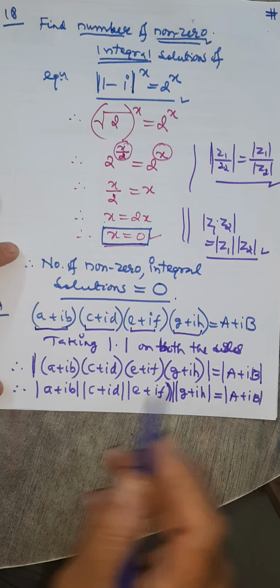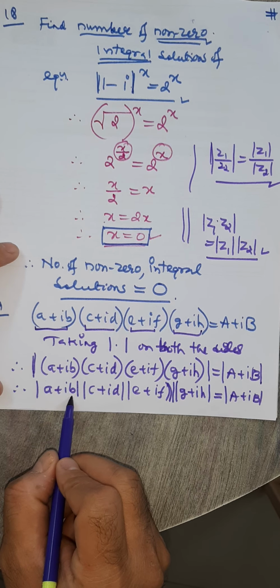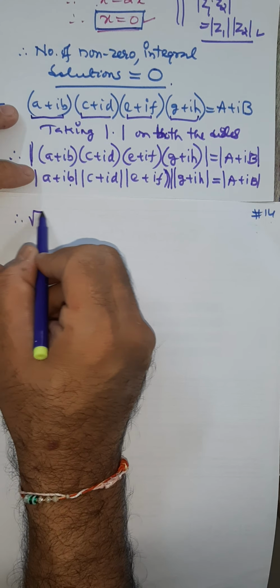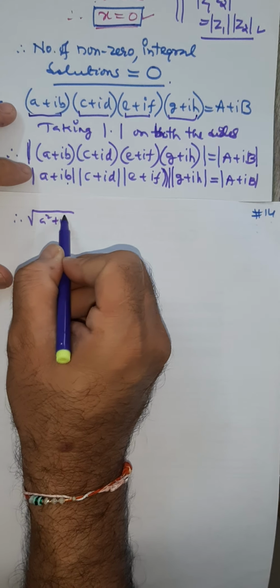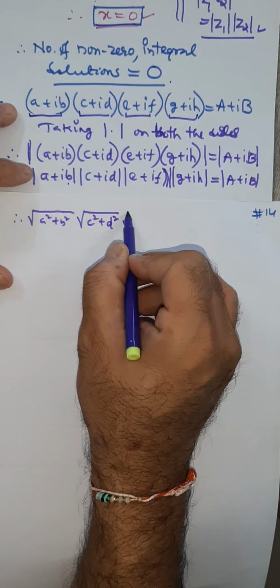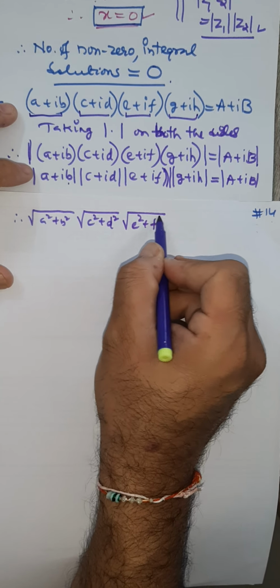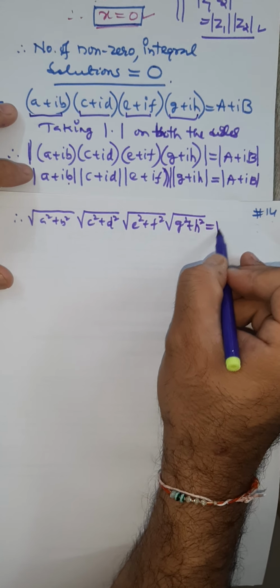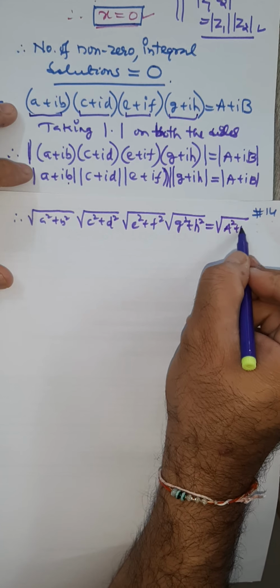Now you know this is root of a square plus b square, so you are almost through here. What is the first one? Root of a square plus b square. What is this? Root of c square plus d square. What is this? Root of e square plus f square. Similarly here, root of g square plus h square equals root of a square plus b square.